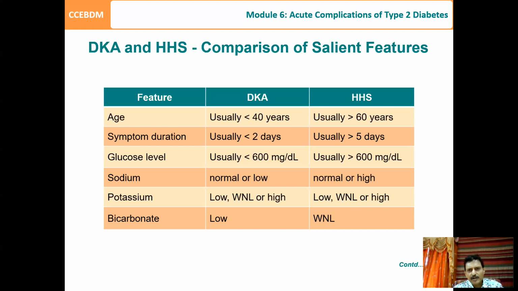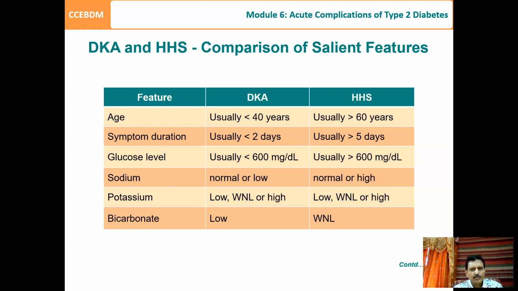Symptoms: DKA develops within 2 to 3 days, whereas HHS develops over 5 to 7 days. As I've told you, in DKA the blood glucose level usually varies between 250 or 300 to 600 milligrams. In HHS, it is always more than 600 milligrams.